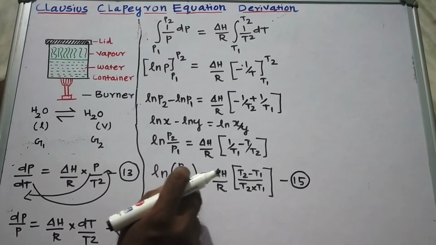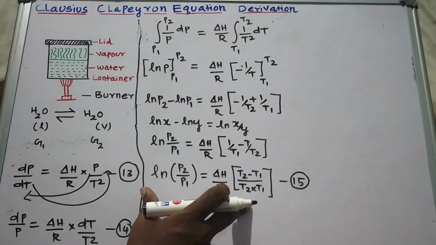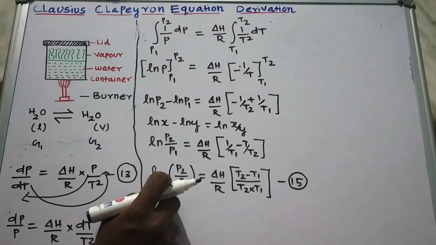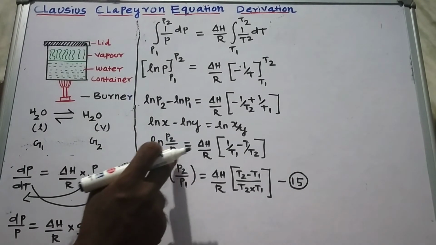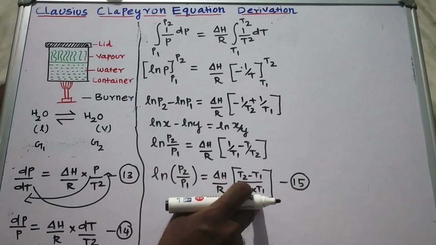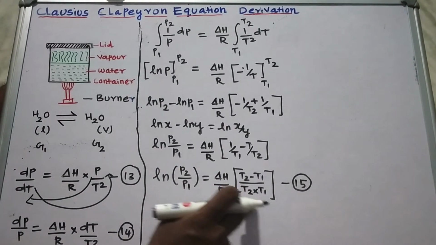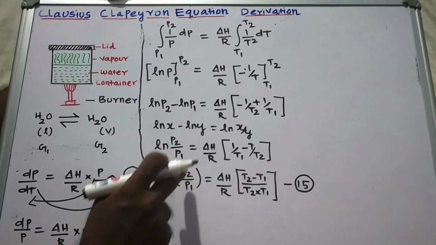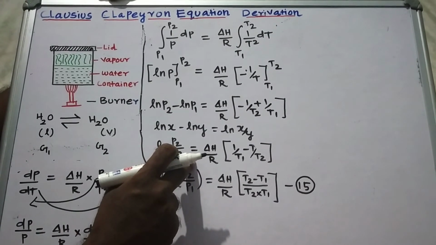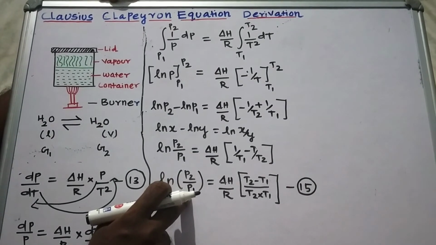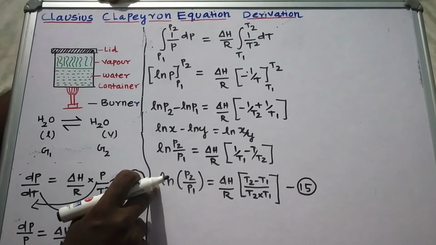Okay, students, this is the very famous Clausius-Clapeyron equation. This equation tells the change in vapor pressure of a system with respect to change in temperature, in a system where two phases of the same substance are in equilibrium, where P2 is the final vapor pressure and P1 is the initial vapor pressure, and ln is the natural logarithm.